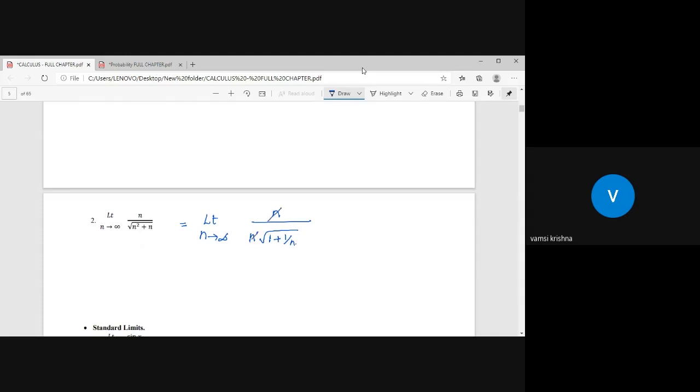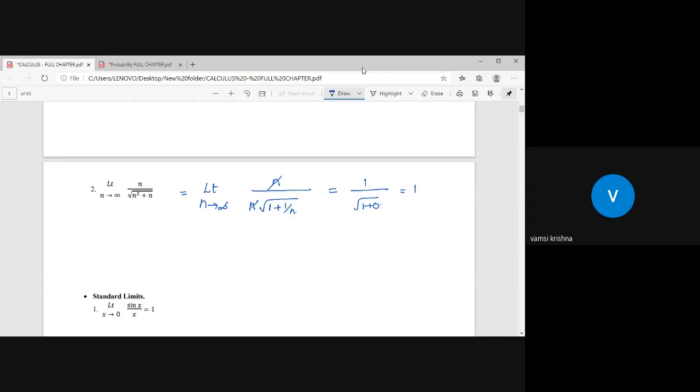It's going to be cancelled, 1 1. In place of n, if you substitute infinite, it will become 0. 1 by root 1 plus 0, that is 1 simply. Yes, you can solve the question in the normal way also. Or you can say like this: numerator degree is equal to the denominator degree, then it is equal to coefficient of numerator by coefficient of denominator.